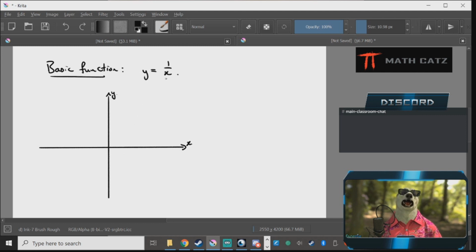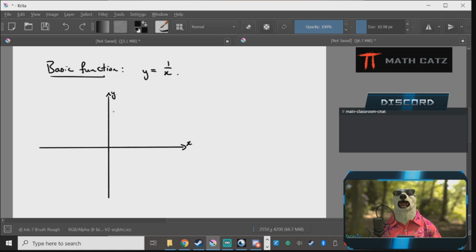Whether you make a table, whether you remember, regardless, I have much more interesting properties here. When I plug in 0 for x, there is no y value that I can calculate. The function is undefined. And as I plug in x values closer and closer to 0, let's say from the positive, my y values blow up.